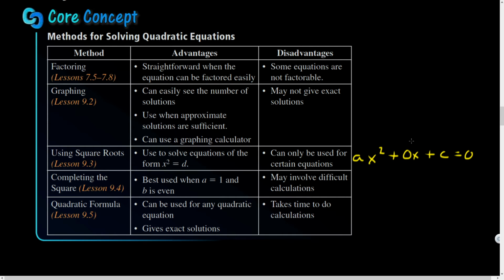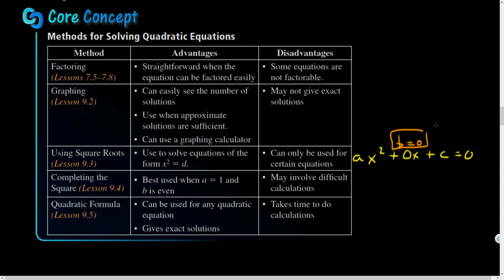Anytime b equals 0 is the only time this method works, where it can be written in this form. But I find generalizing it this way better. Anytime there's no middle term, no b term, you can subtract c from both sides, divide by a, root, plus or minus.